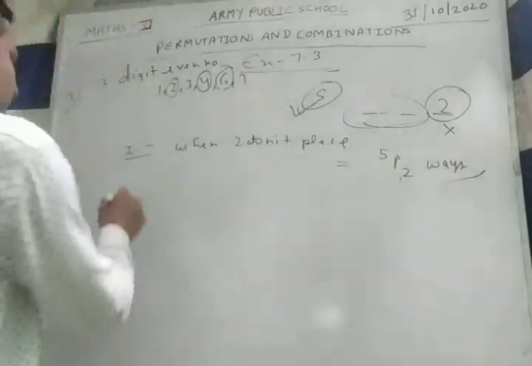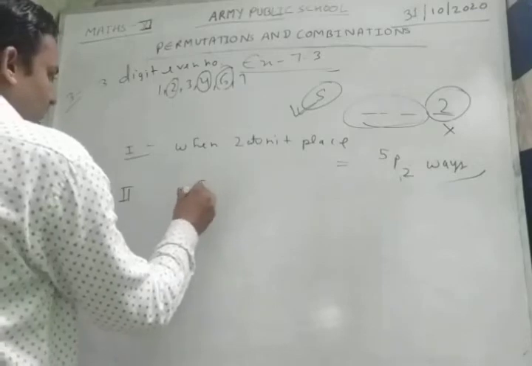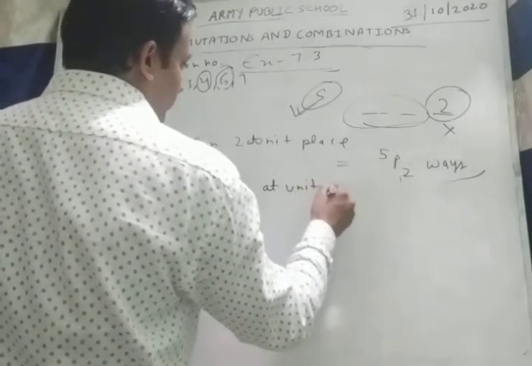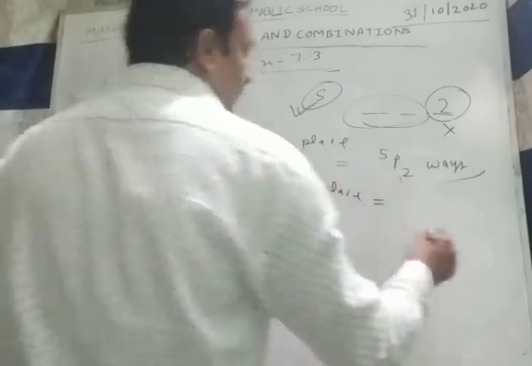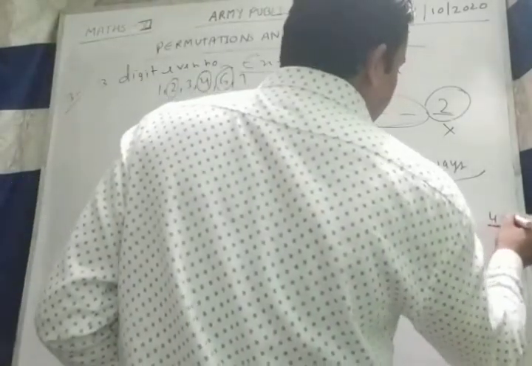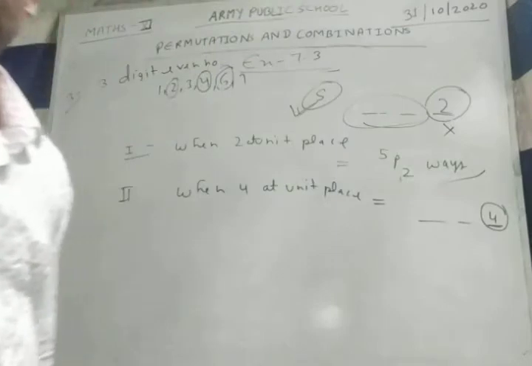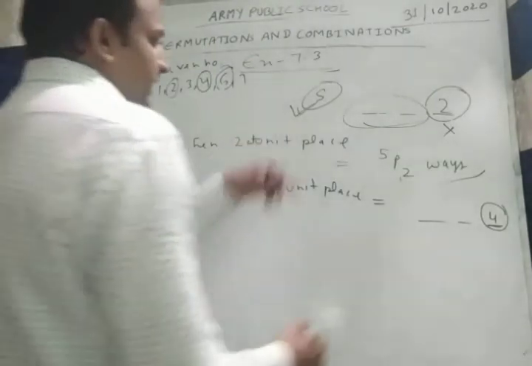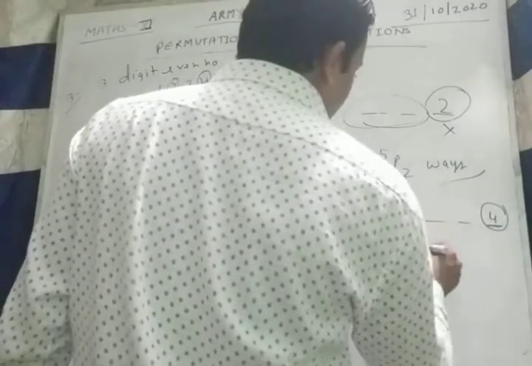Now second, when 4 is at the unit place, again these 2 places can be filled by 5P2 ways.